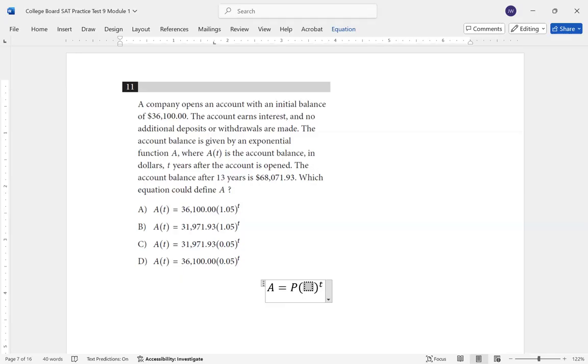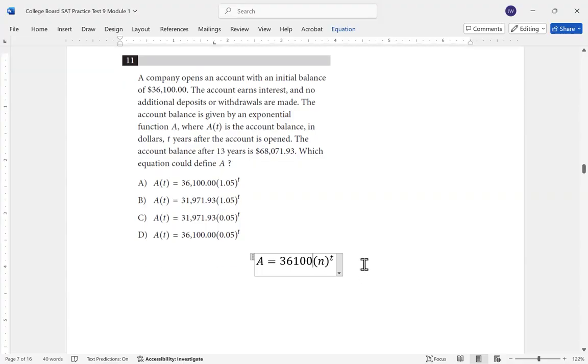The interest rate is going to be R, and that's going to be just some number, so I'm going to call that just N. Well, we know that the initial amount is going to be 36,100 because that is what it tells me. $36,100 is the initial amount. And then it says after 13 years, we're at $68,071.93.